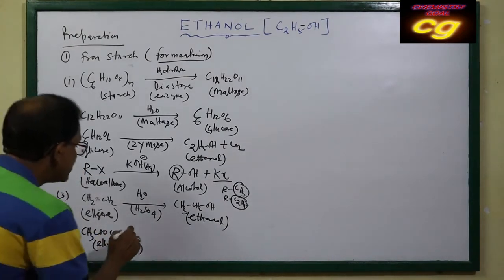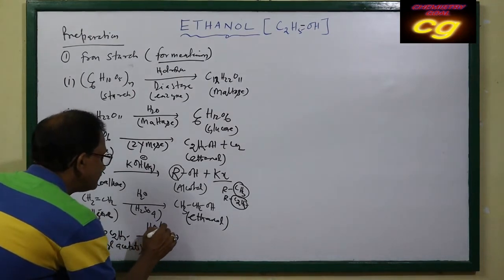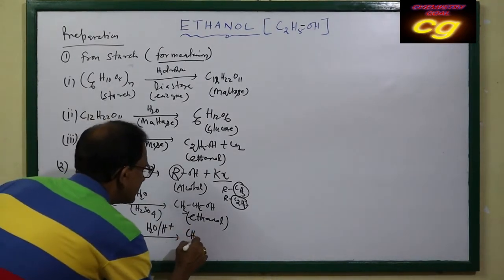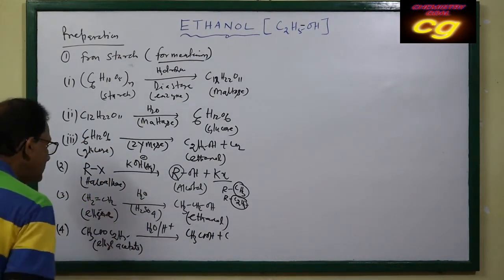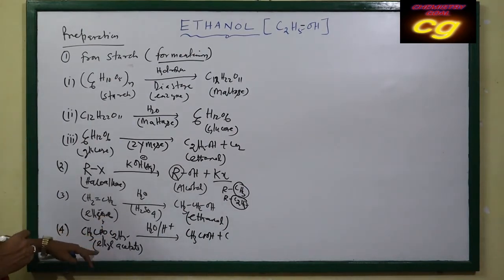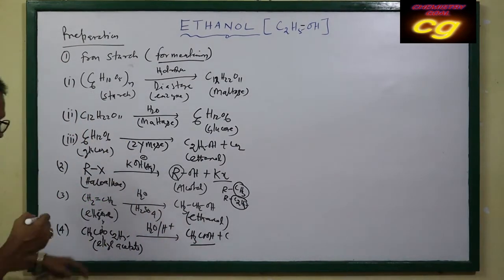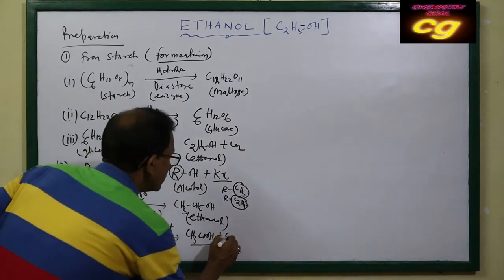This ester, when hydrolyzed in presence of acid, the products are the corresponding organic acid and alcohol. The ester contains two parts, the alcoholic part and the acid part. The acid part forms the corresponding acid, and the alcoholic part becomes alcohol.